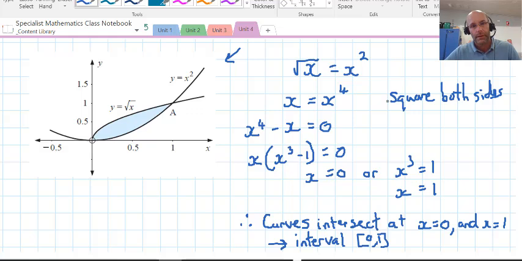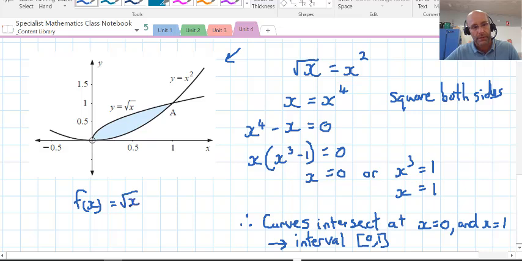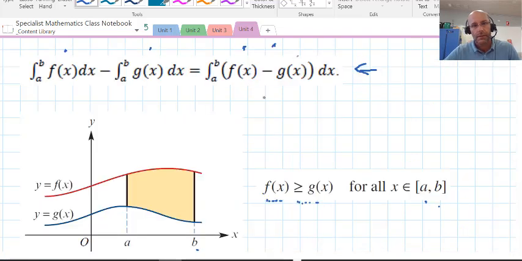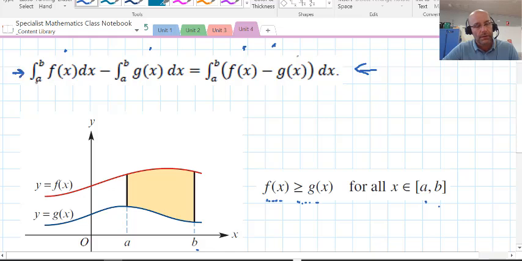Okay, now note that we said f of x is greater than or equal to g of x. So our f of x in this one will be root x, and g of x will be x squared. Now this is where we apply what we saw at the beginning of the video. Either way you look at it, you'll get the same answer.